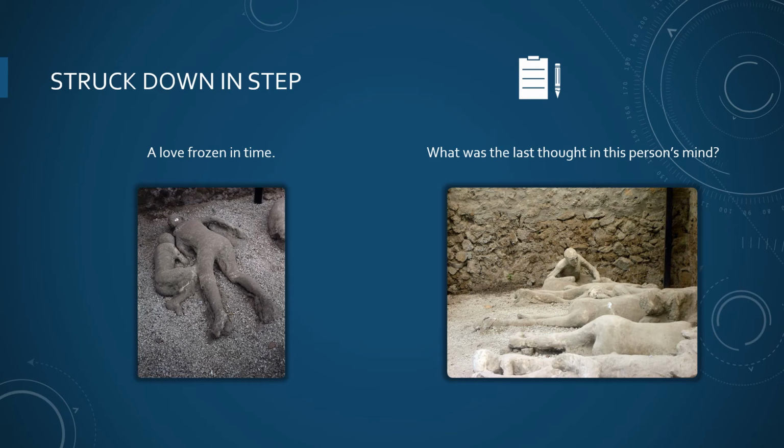Maybe he's looking up at a wife or a husband. Maybe this is a woman. We don't have any remains of hair or anything to tell us if it was male or female. We just have bodies. But what was that last thought? Was that a last regret of something not finished, something not done? We'll never know.